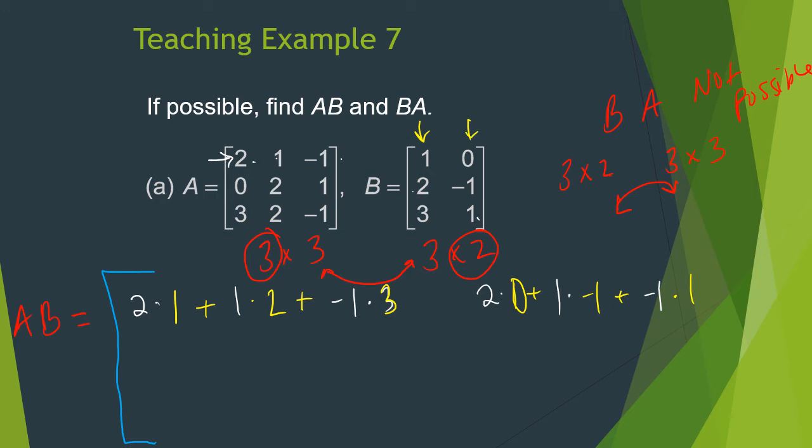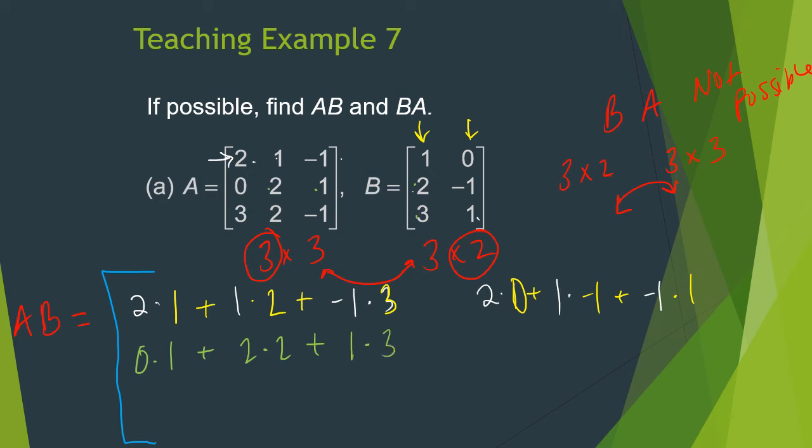So row 1 of matrix A produces row 1 of matrix AB using the columns of matrix B. Now I'm not going to switch colors. I'm just going to write it out. We have 0 times 1, plus 2 times 2, plus 1 times 3.